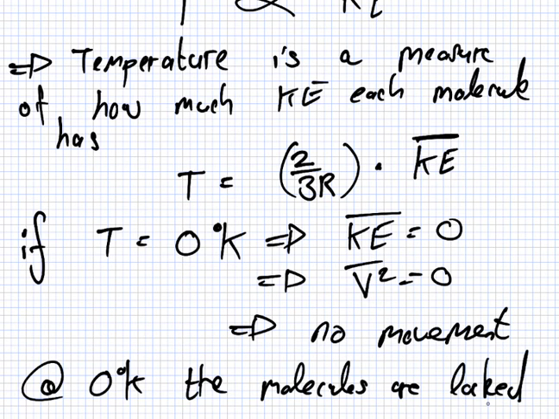There's no movement with them. They're completely stationary. For anything at 0 Kelvin. I know in this proof I used a gas, but in fact it works pretty well for solids and liquids. But it's still true for anything at 0 Kelvin. There's no motion in the molecules. They're completely stationary.